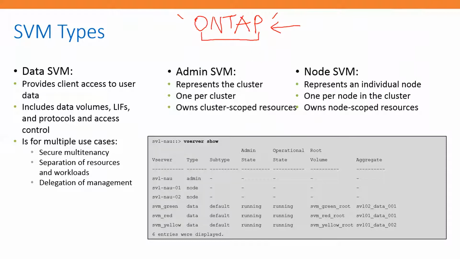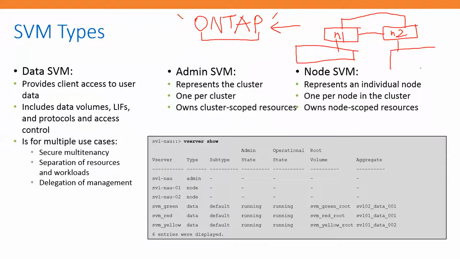But what we talk about is how we can use this operating system to manage our storage. Let's take an example that we are planning to have 2 nodes. I'm going to draw it in a slightly different way. This time there are 2 separate nodes in 2 different chassis. If I have 2 nodes, they will have an HA interconnect and they will also have a cluster interconnect. Each node has its own shelf of disks.